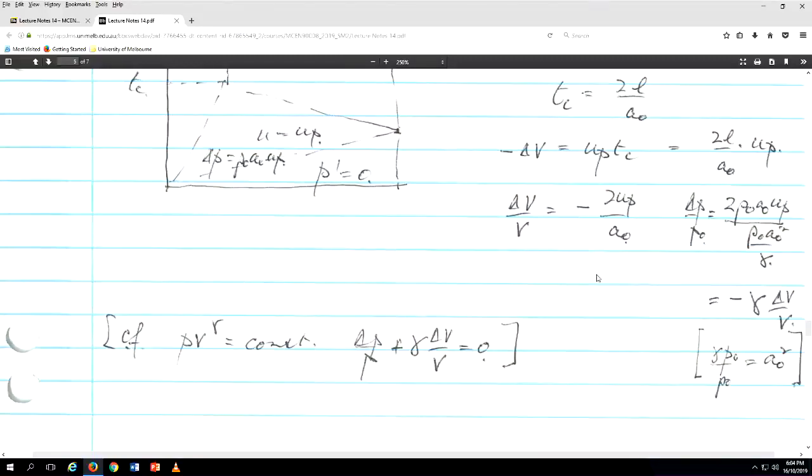So when you put this in here, minus gamma delta V over V, it is exactly the same as I would have written down here. So it all makes perfect sense.